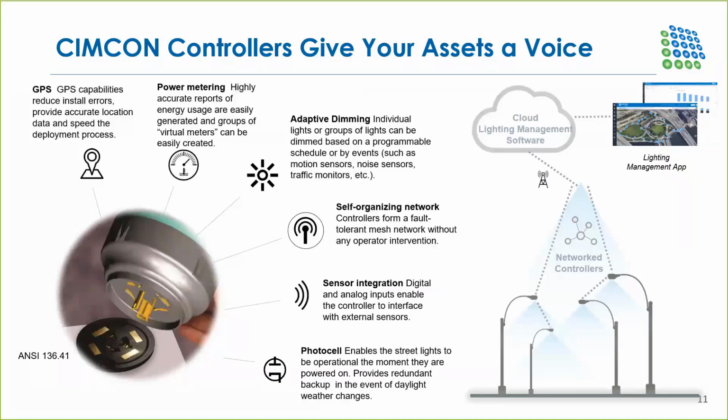The photocell can operate autonomously, as I stated before. So we create a very balanced environment from the controller, in which we know the exact location and how things are working, the performance of the assets that are out in the field, and all of that information is shared back at the cloud.